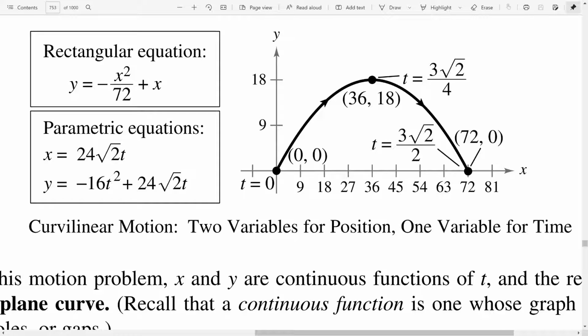So notice time. If these are seconds and I want to know where the ball was at 27 seconds, that's a lot, maybe milliseconds, you would plug in 27 to your x parametric equation and to your y parametric equation to figure out the location there.